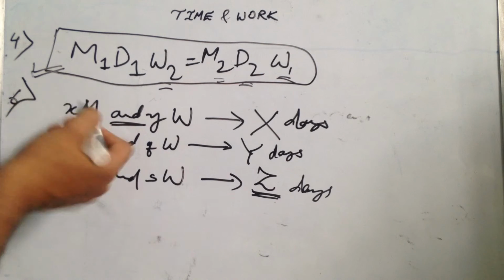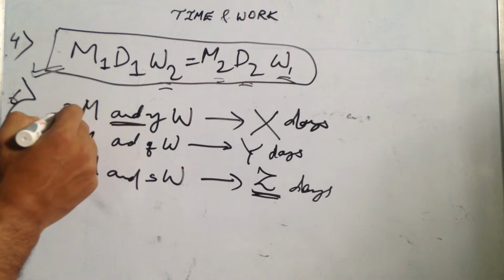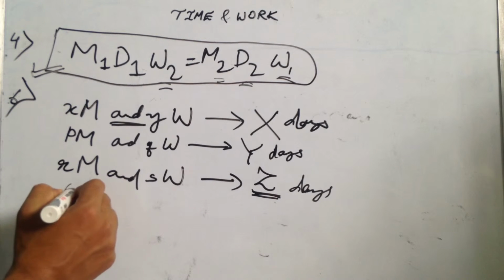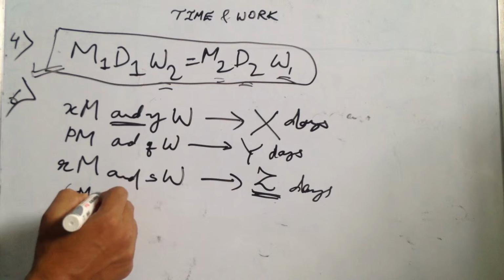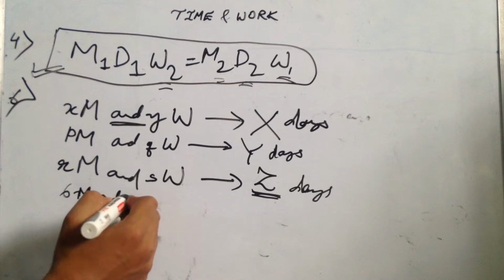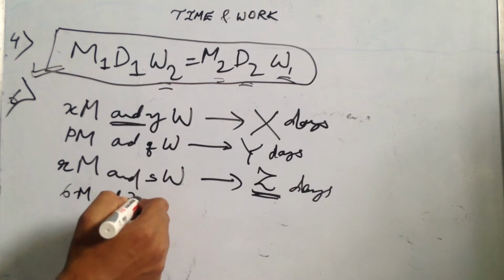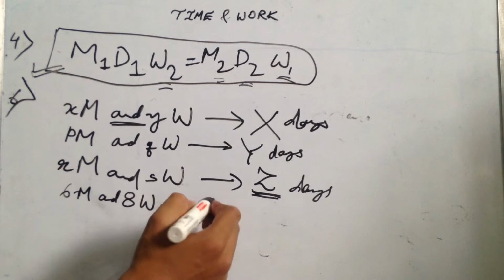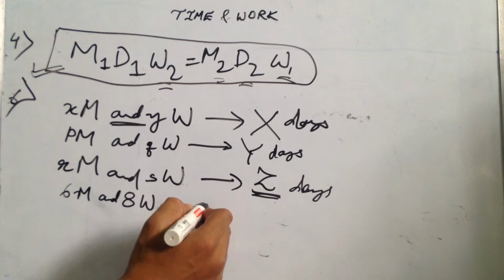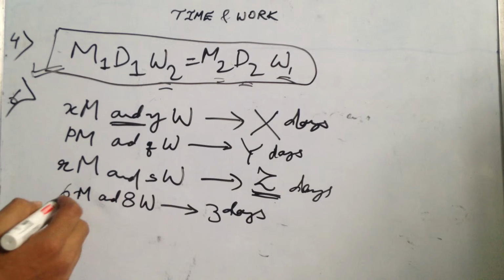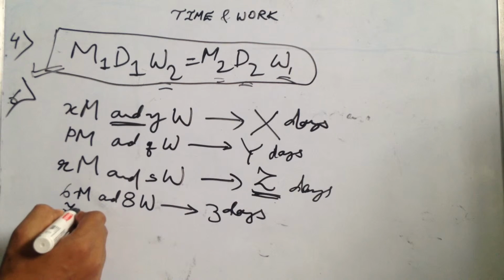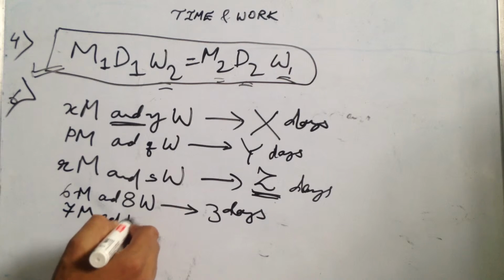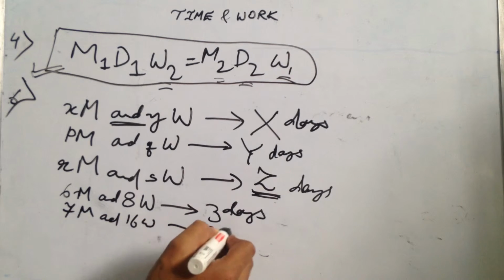Okay, so let's take an example. Where we are saying 6 men and, let's take, 8 women take, let's say, 3 days, and 7 men and 16 women take 2 days.